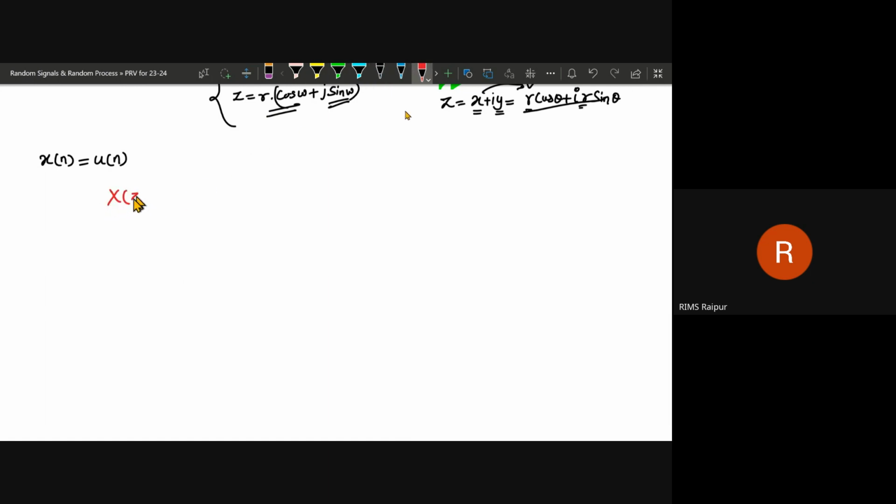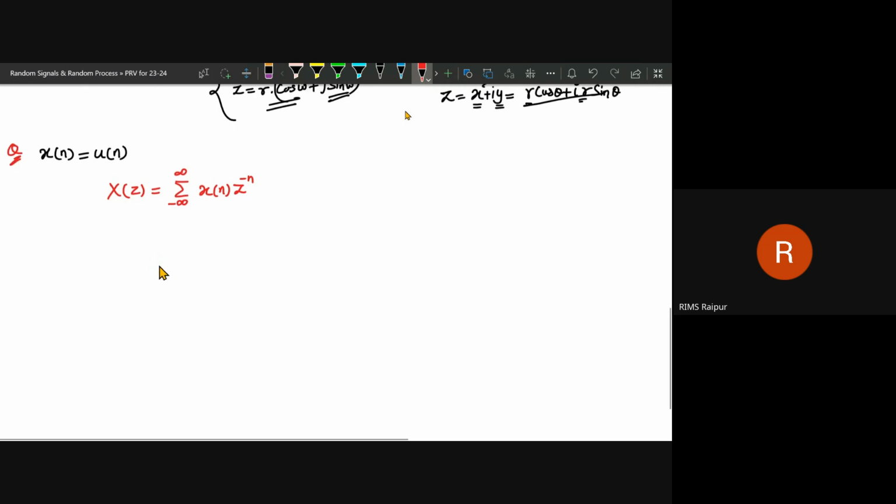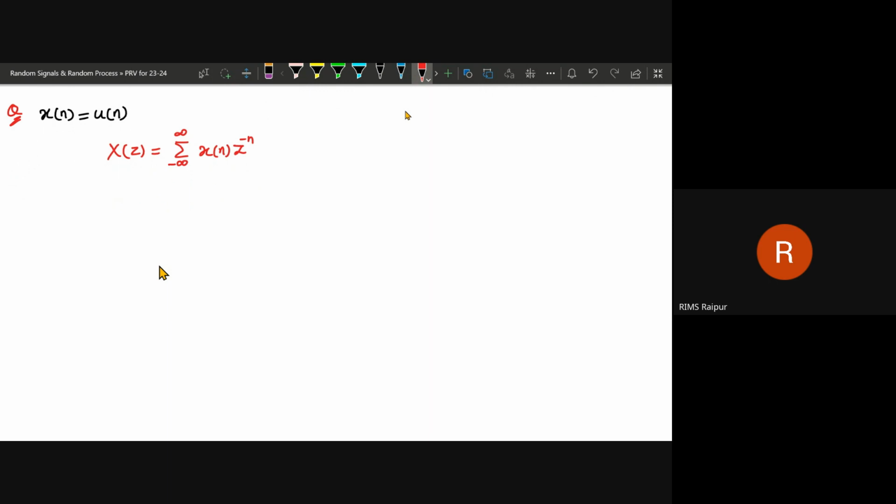X of z is equal to the summation from minus infinity to infinity of x of n z raised to power minus n. Just find the Z transform of this expression and tell me what you are getting. What is your answer? Okay.